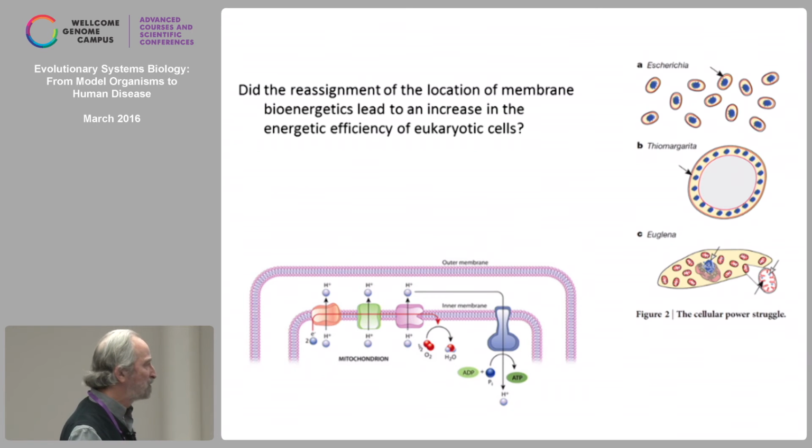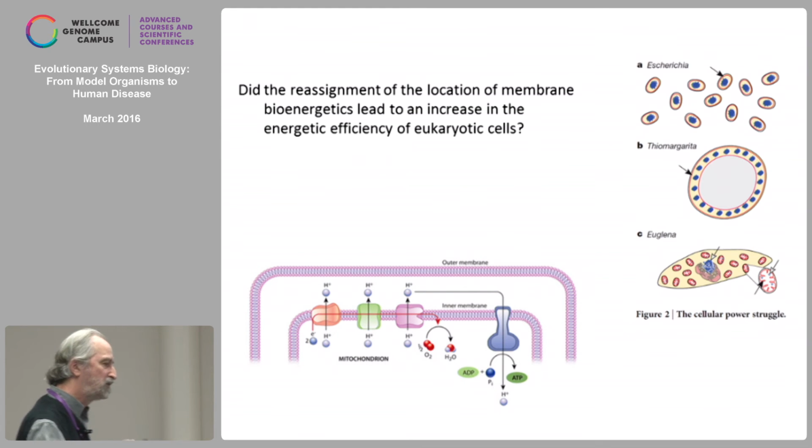So this is how we make energy, and bacteria do it. This is called chemiosmosis. The important point is that bioenergetics are restricted to membranes of cells, and the only membrane in bacterial cells is the plasma membrane. So that's where this all goes on. And then this is simple geometry. The idea goes that as cells get larger and larger, you're running into a surface area to volume ratio problem.